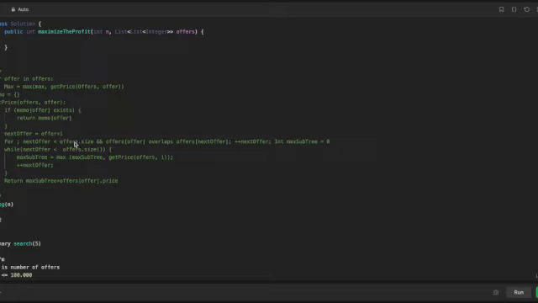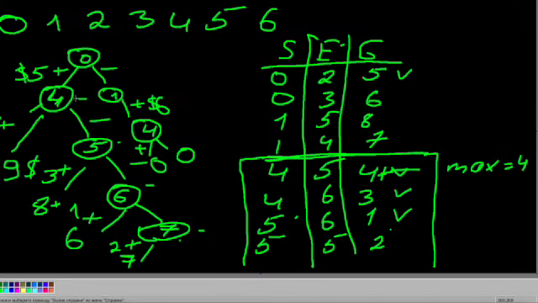So we have identified the solution that memorizes which offers we have already analyzed and then returns the corresponding maximum profit that comes after that offer index.